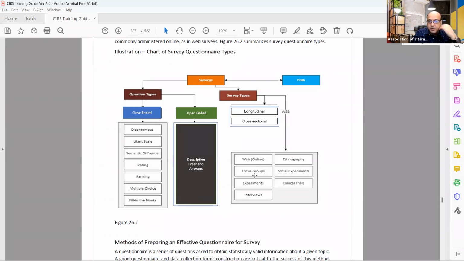It could be virtual focus groups, social experiments, virtual interviews. Then there is ethnography, which is part of the social sciences, and it is embedded in grounded theory. So grounded theory is what is supporting the ethnographic approach.